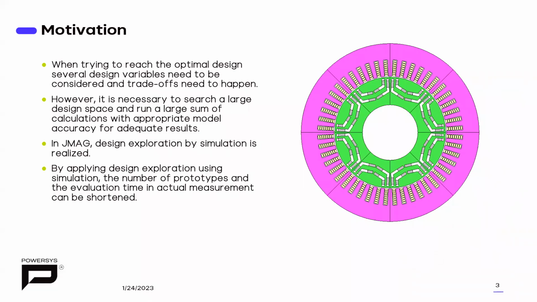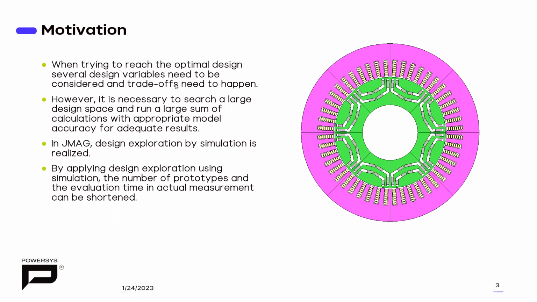Let's move to the motivations. So the optimization of the electrical motor now becomes more and more complex. We've got several design variables. In a previous webinar, we have seen that if we made some trade-off kind of sensitivity analysis, maybe we will try to optimize one variable and then we will reduce the loss, but then we'll increase the torque ripple, something like that.